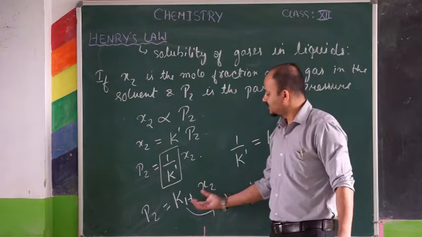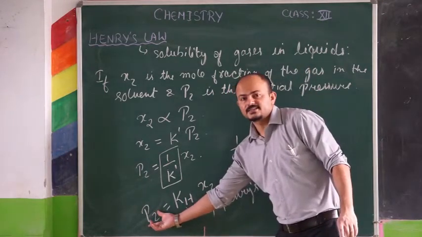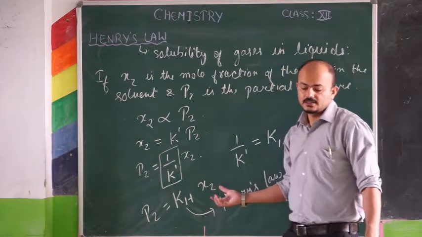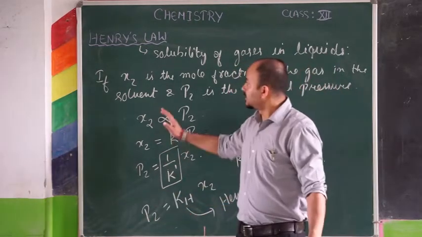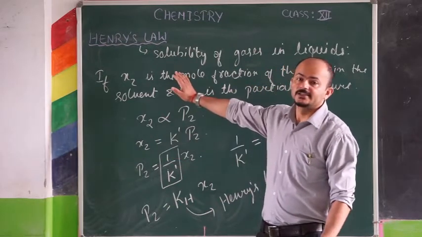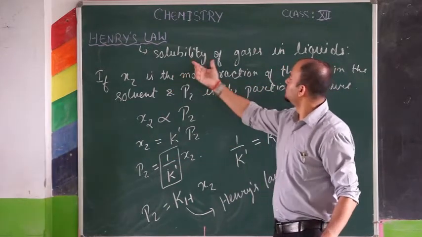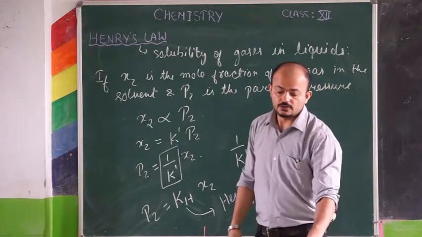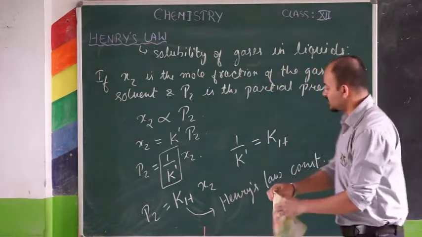So you can see that the pressure of the gas is directly proportional to the mole fraction of that particular gas. So this is Henry's law, and it is for the solubility of gases in liquids. Now let's discuss solutions of liquids in liquids.